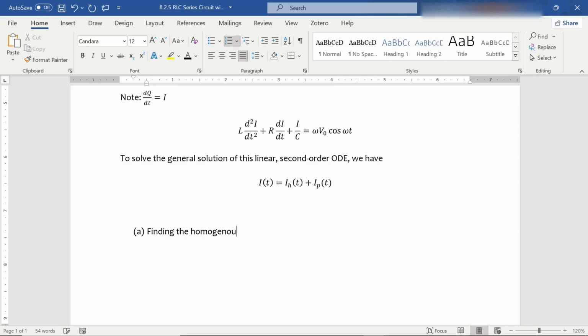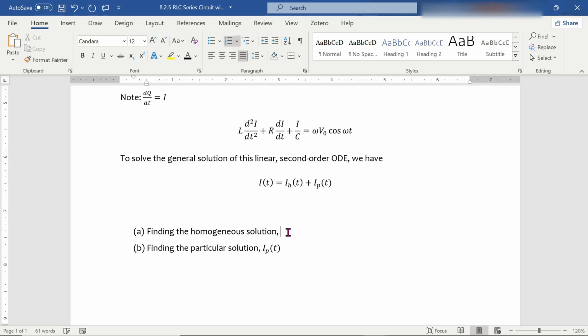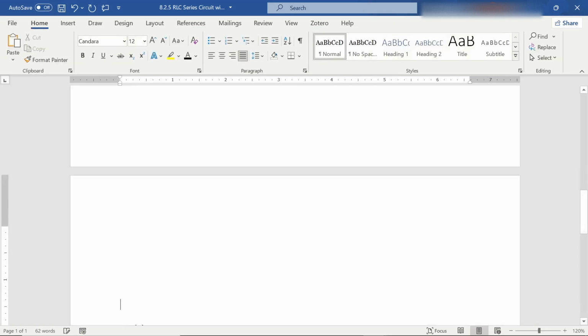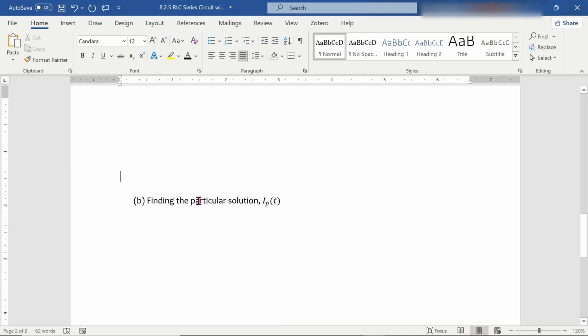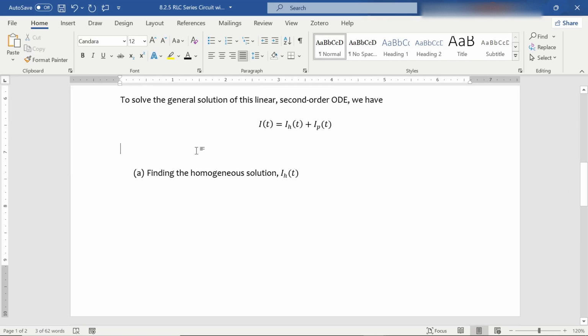Particular solution, that's IP as a function of t, and for the homogeneous solution, that's IH as a function of t. So we start with letter A for this, because this will be the first part of our solution.